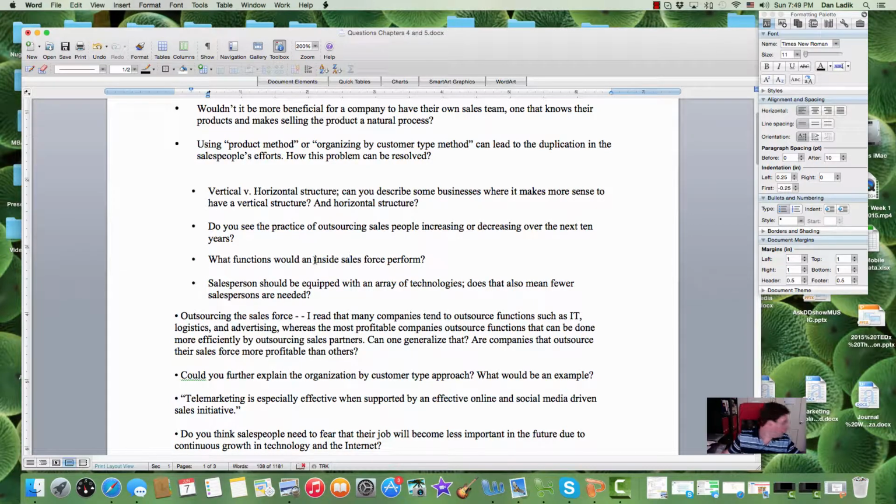Now, sometimes we get a little confused, and I can talk about this with the telemarketing thing. There are sometimes order getter internal sales employees that are out in the field. They're calling on new customers. They're trying to get new business all the time, and they do some existing customer work.